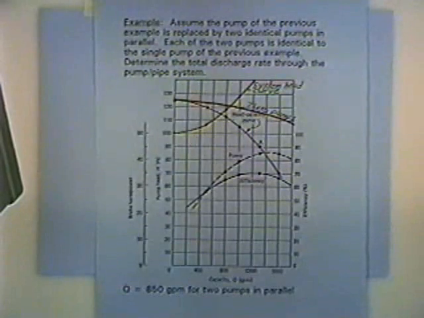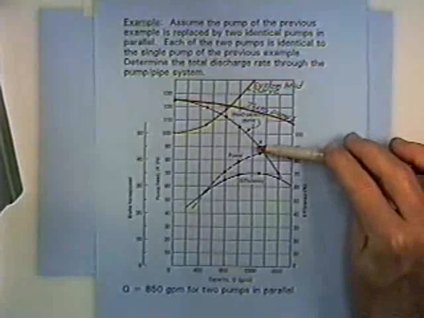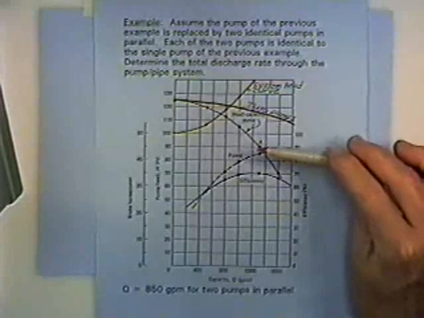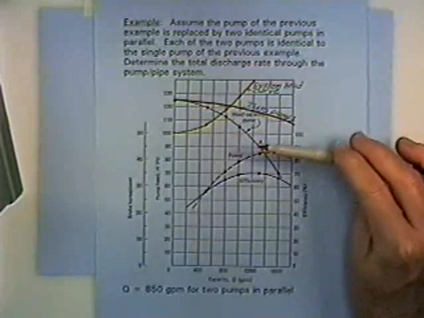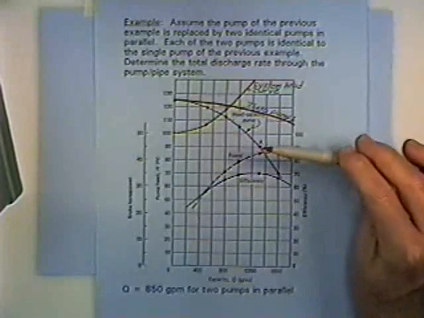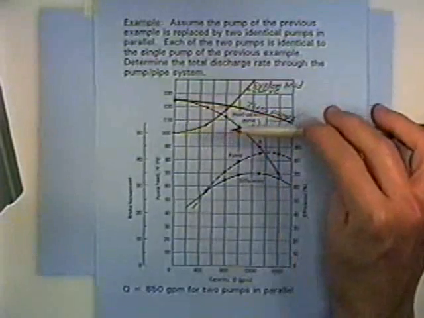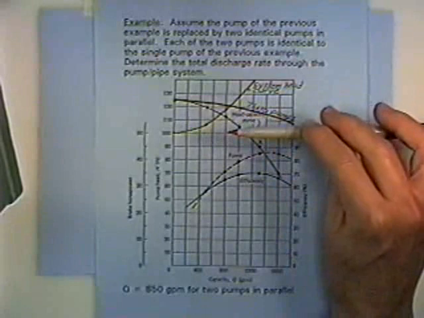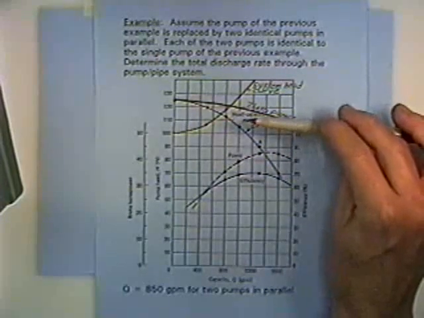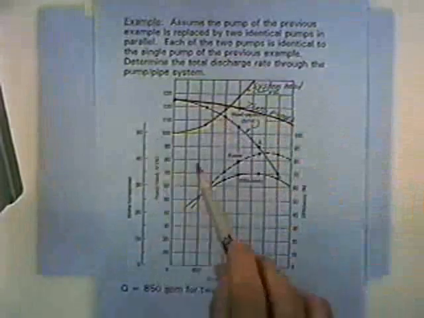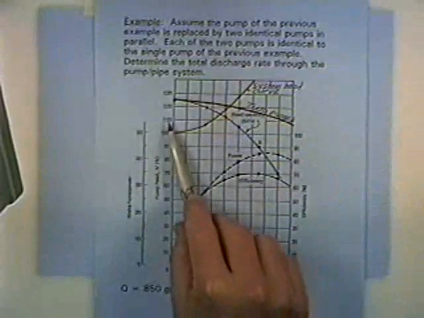The manufacturer gave us this head curve, which is for a single pump. If the two pumps are identical, recognize that when you have pumps in parallel, for a given head, the total discharge rate is equal to the summation of the discharge rates through the two individual pumps. So pick a head, any head, let's say 110 feet.